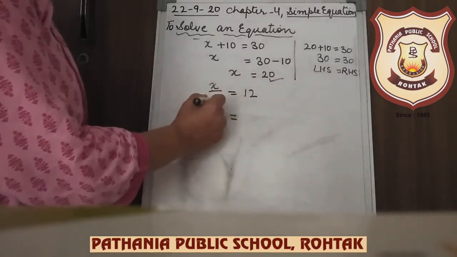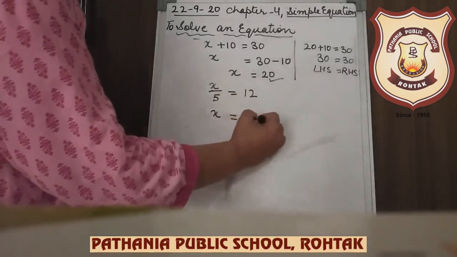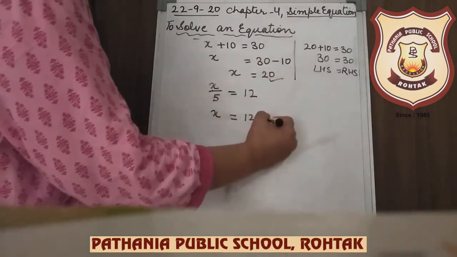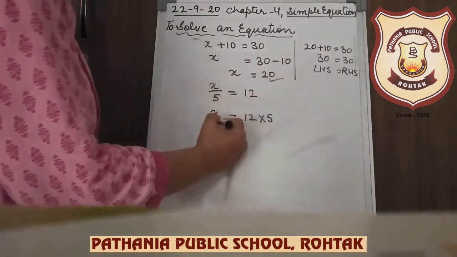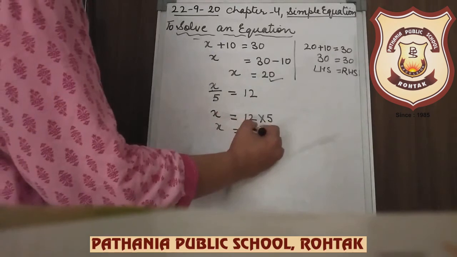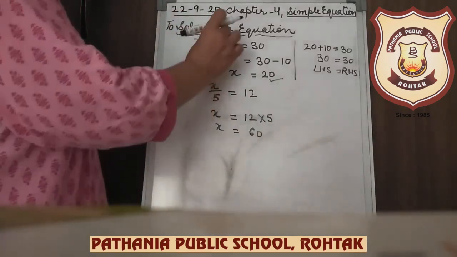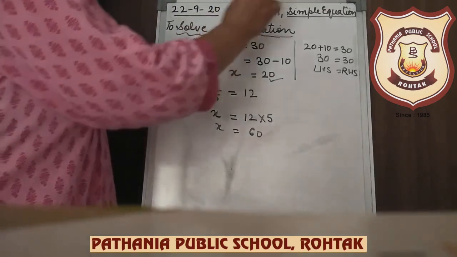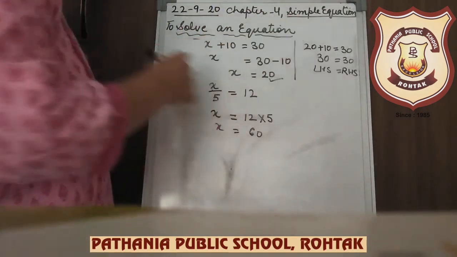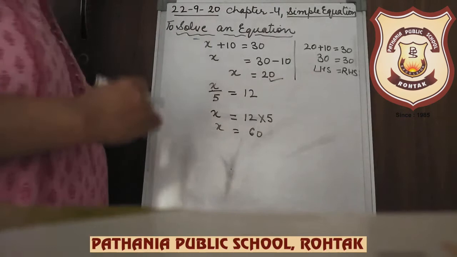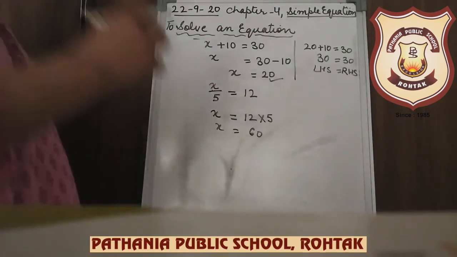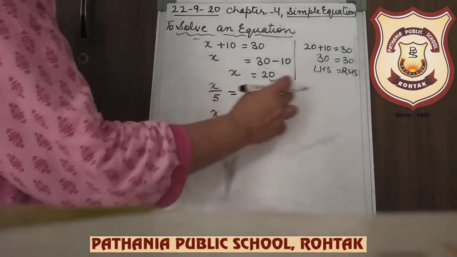So when you take the 5 to the right hand side, it will get multiplied. So x is equal to 60. This is a very small step. The thing which is added, when you take it to the right hand side, will be subtracted. Subtraction will change to addition. Division will change to multiplication.